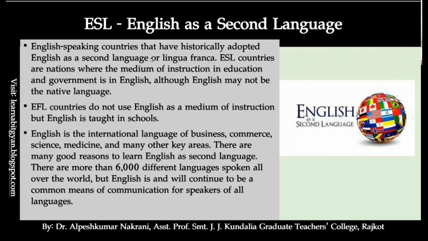So, lingua franca is actually a second language for both countries. If you think this is the French one, this is the Japanese one, and they both communicate in English, English is a second language for them. Clear? It is a lingua franca for them.